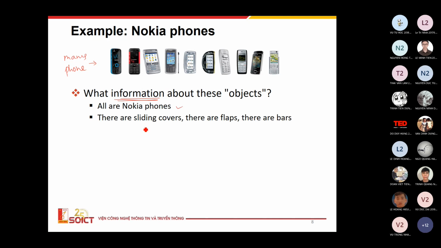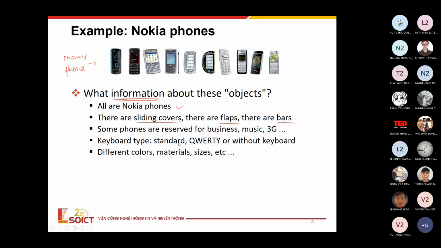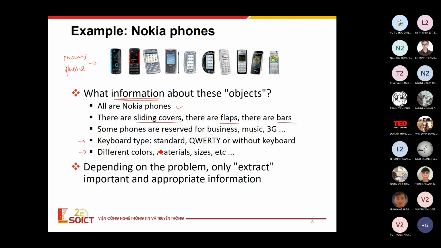You describe the overall view of this phone. For example, they have a sliding cover, they are flip phones, or they are just like a bar. And there are many things you can use to describe the phone. Depending on the problem, you only extract the important and appropriate information.